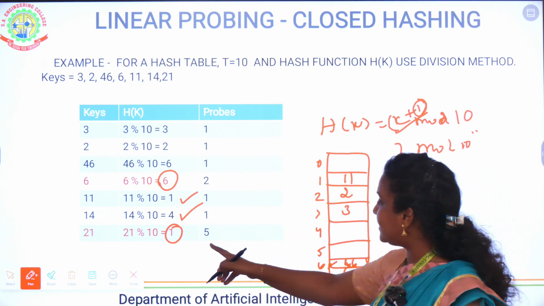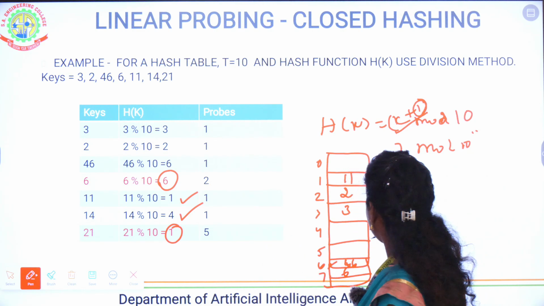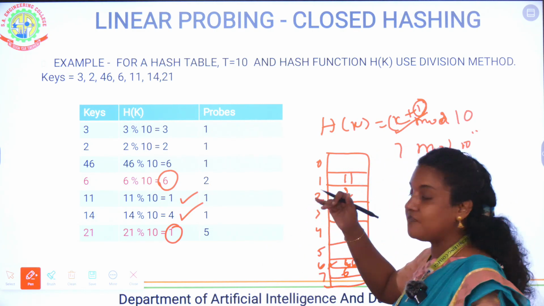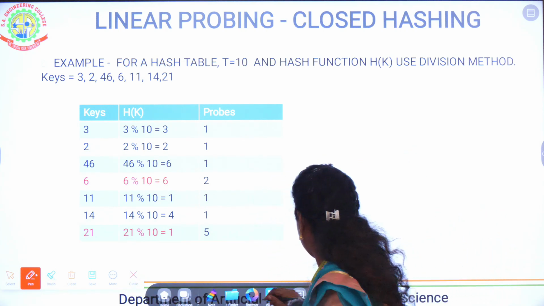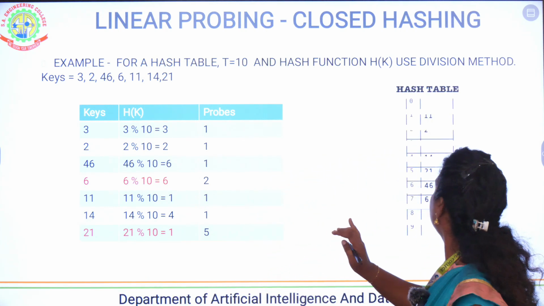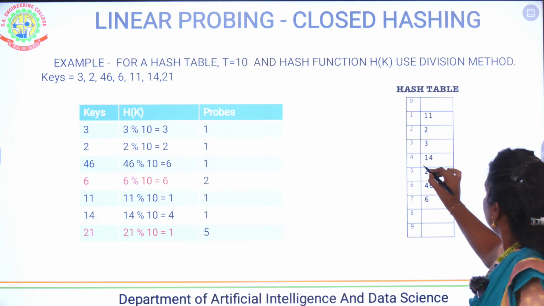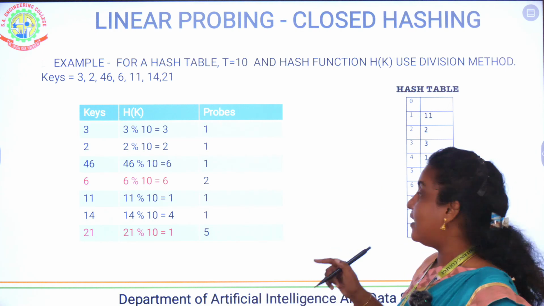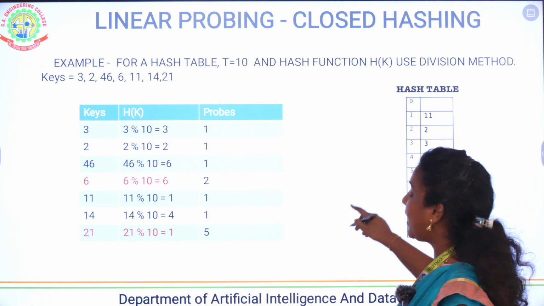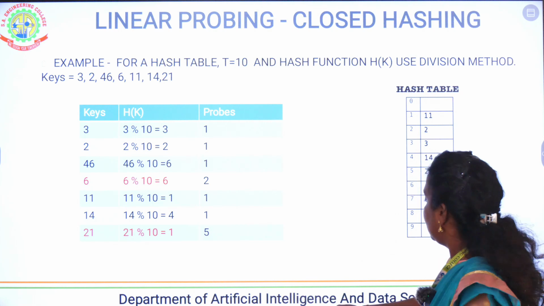So it will find the next free location at the index value 5.